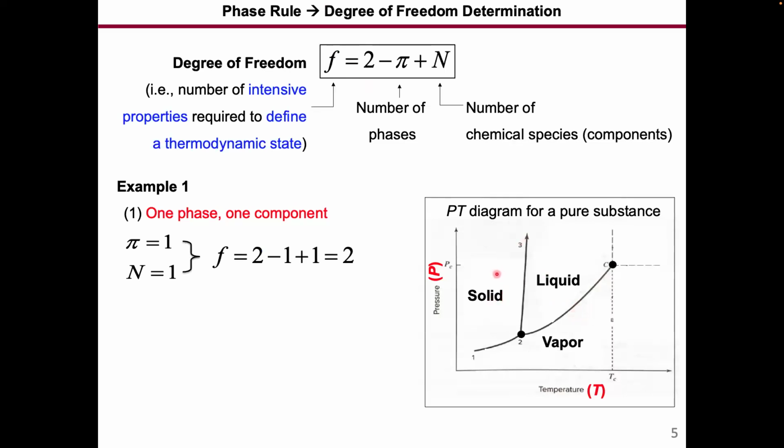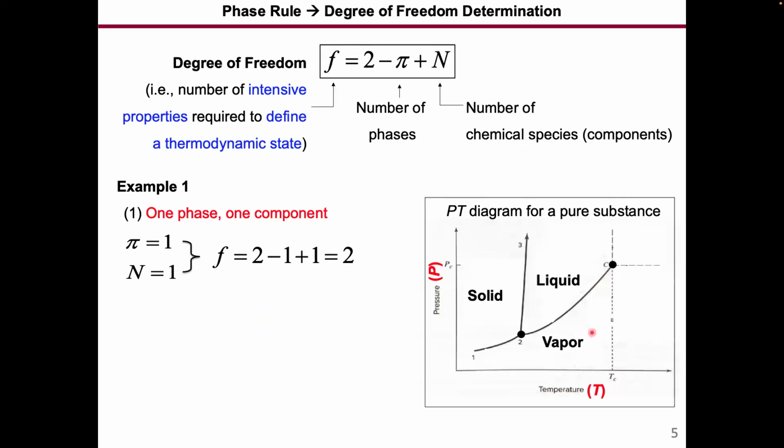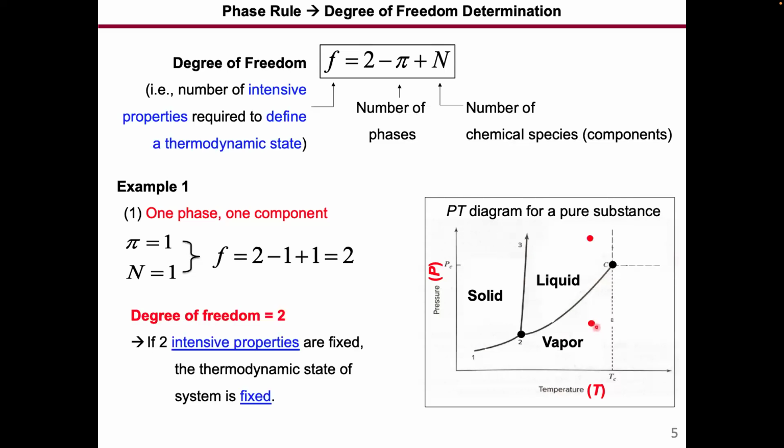So really we are trying to figure out whether the system is in the solid state, liquid state, or vapor state. If you only know one intensive property, which is temperature, it could be here. So you draw a line like that, and let's say we didn't specify pressure. Then your system will be either in a vapor state or a liquid state, so you don't really define a specific state yet.